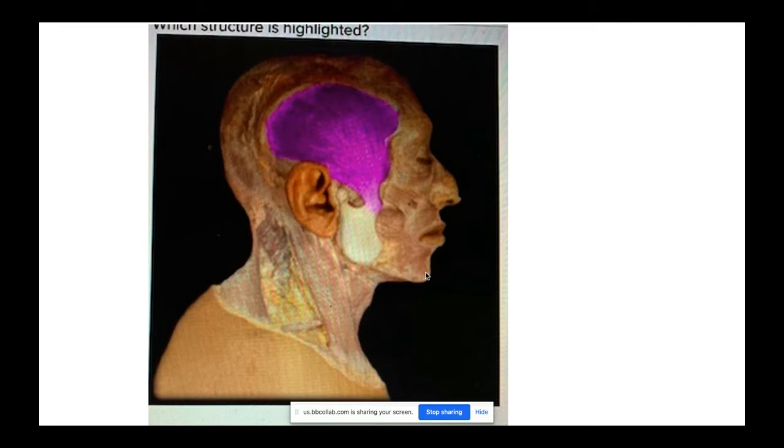When muscles contract, they transfer that contractile tension or that force to the bone by way of that inelastic soft tissue called a tendon. And then the tendon attaches to the periosteum of the bone and it makes it move.